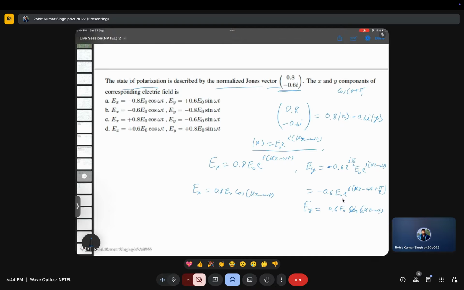Oh sorry, it is just sine because cos is there, sorry, so minus, yeah, so C is the correct option. Fine. It's very simple, no? You have to just remember this ket notation, like how you represent the Jones vector, how you decompose it in terms of x and y. Other things follow from there.